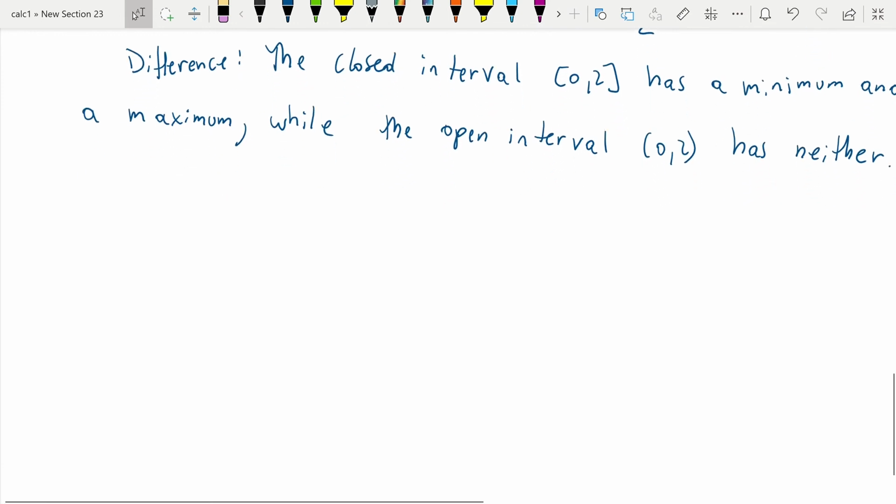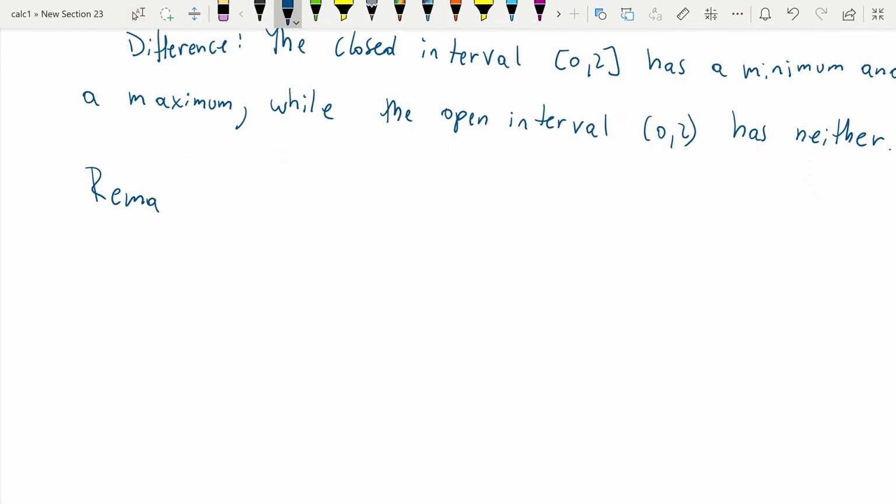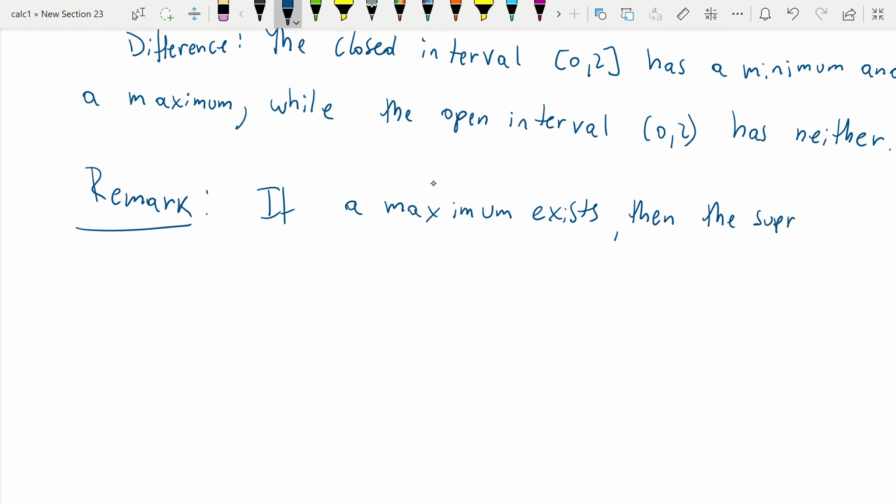So an important remark is that if a maximum exists, then the supremum exists.